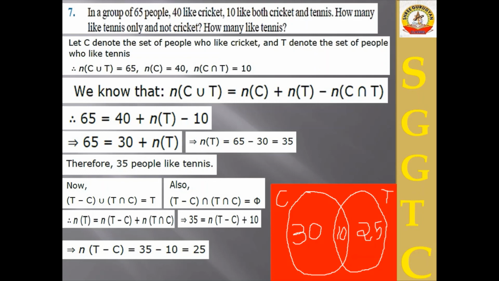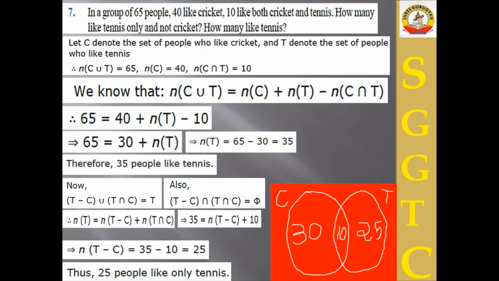And if you ask for only cricket, then write down 40 minus 10, which is 30, because 10 people like both cricket and tennis. Next, continue, move ahead. So 25 people like only tennis, and if you ask for only cricket, you write down the answer 30.